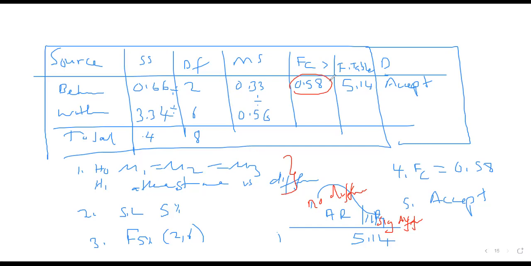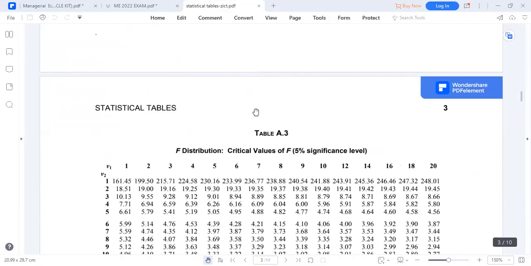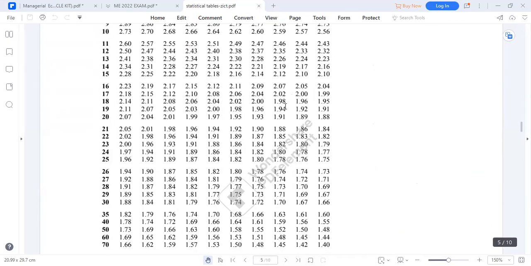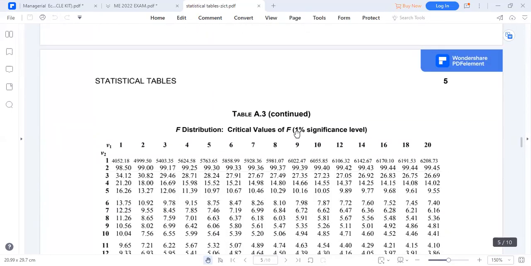Then what I want to know is just to get back to how we got to the F table from 2, 6. If you're given the F at 5%, there are 3 F tables that you have. One table is the 5% table. It has 2 pages, it continues. The other table is the 1% table.